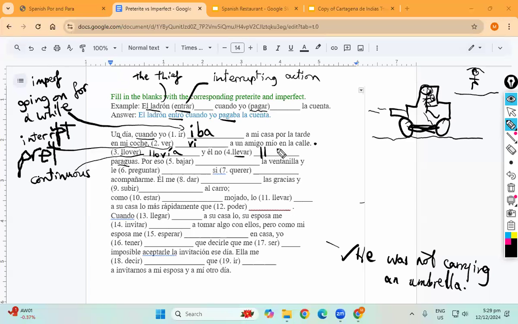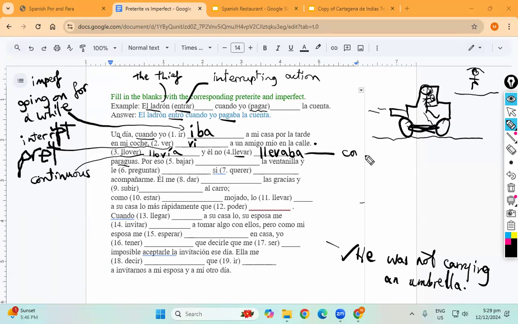Again, for the he/she/it form. So no llevaba paraguas. Por eso, all right, we have bajar la ventanilla y le preguntar, which is to ask a question, si querer, to want to, acompañarme, to accompany me, right?